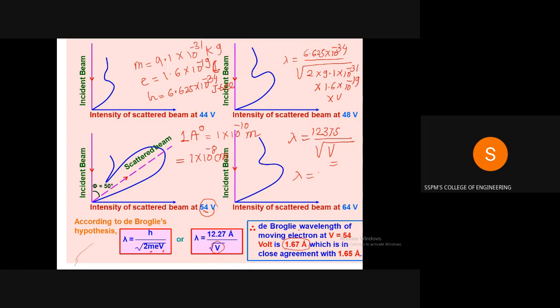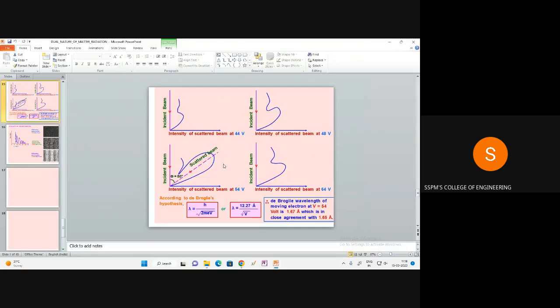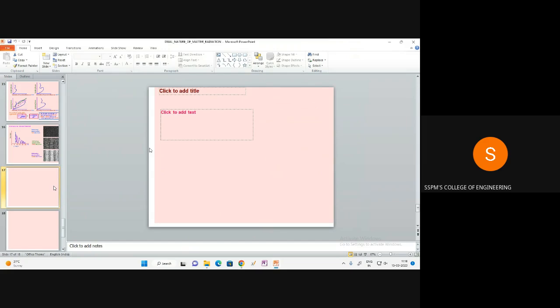Understood? So this is all about photoelectric effect, dual nature of radiation, dual nature of matter, and so on. So ultimately, in a summary, you should remember the following points.